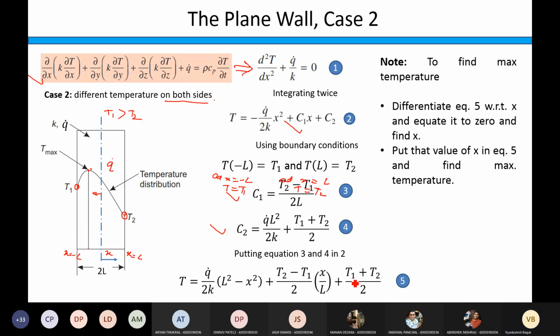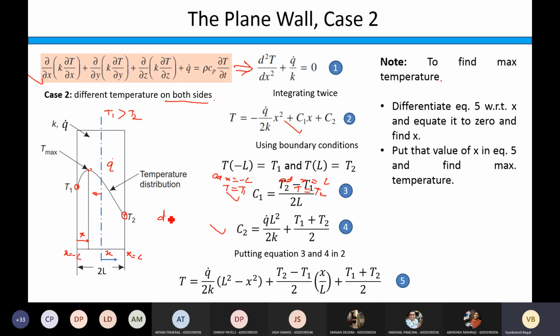Right? Now, to find the maximum temperature, this is the interesting part. In the previous case, it was simple, we knew that the maximum temperature will be at the center line. But how do we locate this distance x where T will be maximum? To do that, what we have to do is differentiate this temperature distribution equation with respect to x and equate it to 0.